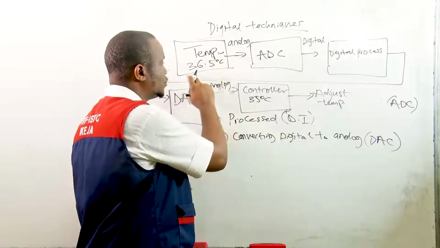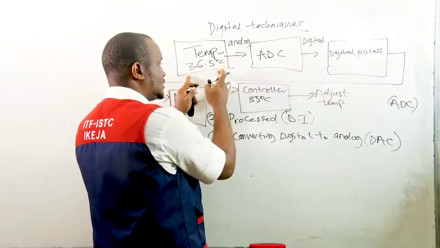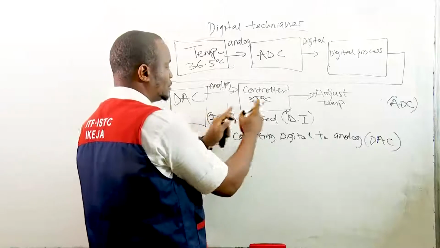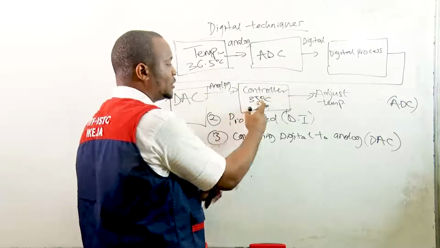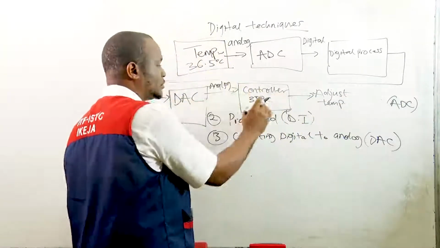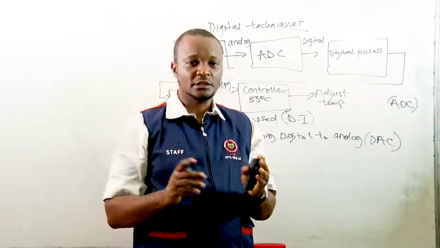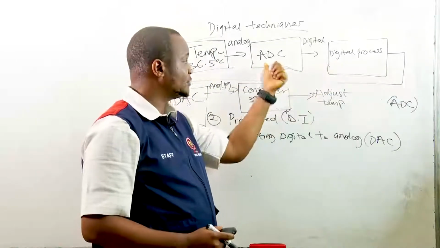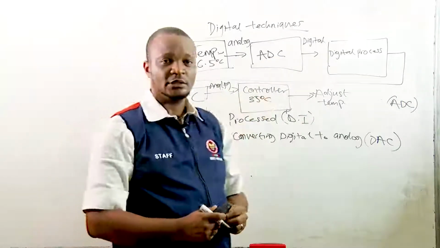So once it goes beyond that, the digital process, because this is analog, goes here, this is processed, converts back to analog, the controller sees it is above what is inputted in the controller. So the output will now be to adjust the temperature so as to get back what is required. So this is leveraging on the digital techniques by using ADC converters and DAC converters to adjust the temperature.